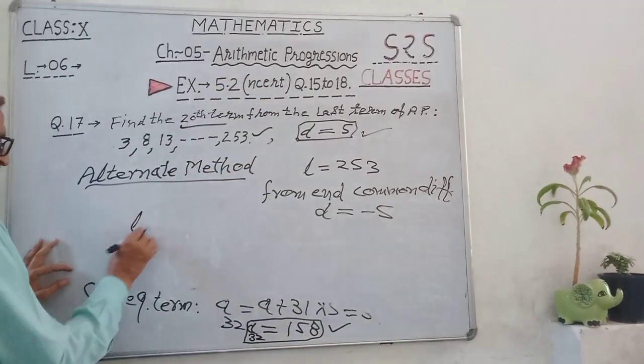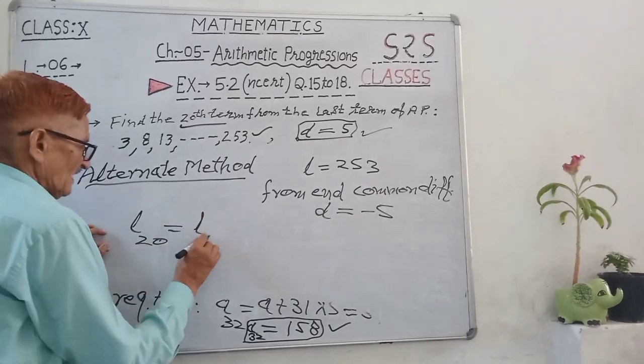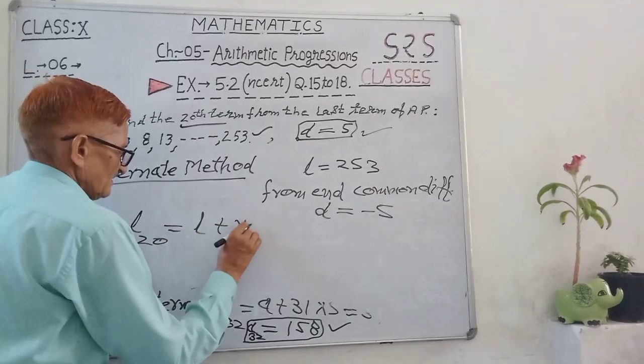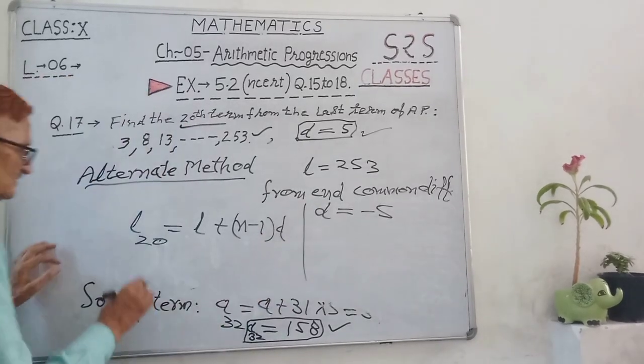Then L20, the 20th term from the end, is L plus (n minus 1) into D. This formula you can use.